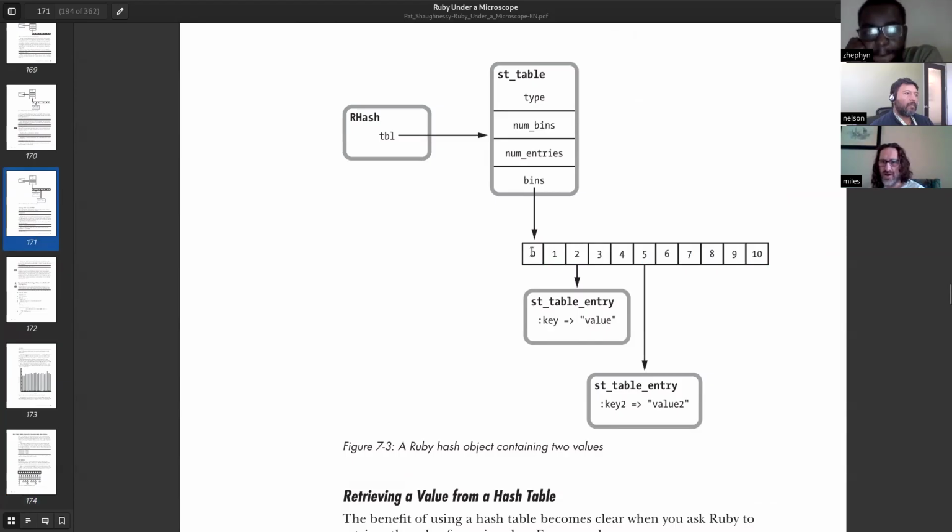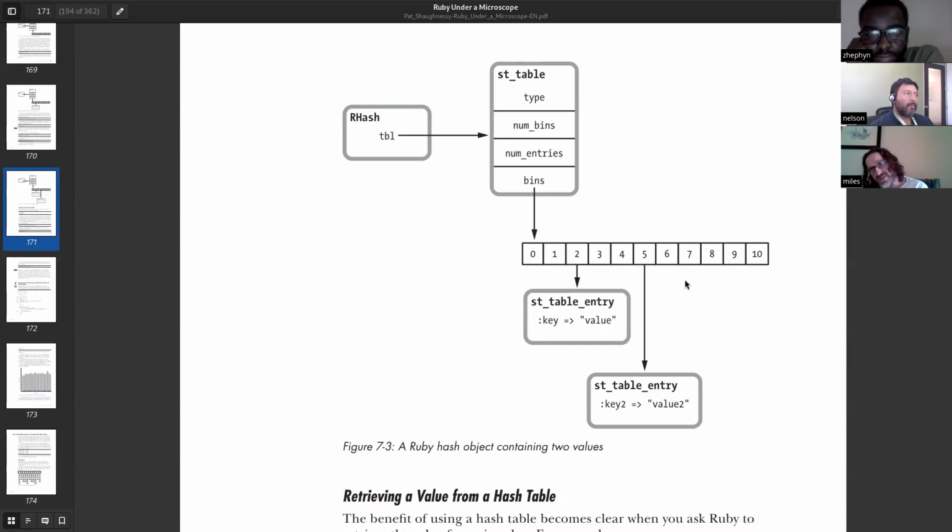So if you're just going to store elements randomly in an array and they're not sorted, then you have to look at on average half of the elements to find the one you're looking for.